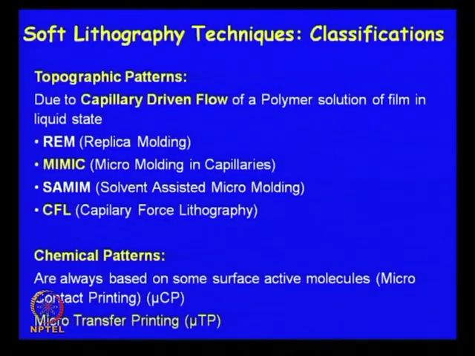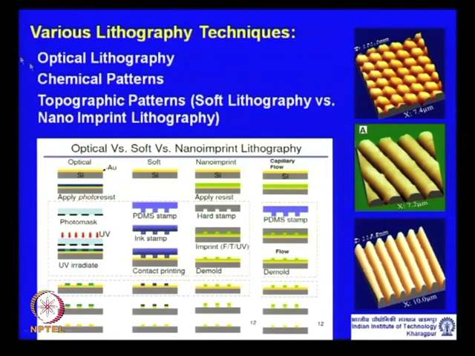Okay. So, here again is exactly what I just told, a glimpse of the various lithography techniques. Of course, you have good old optical lithography or photolithography, then chemical patterns or soft lithography in the printing mode, and then topographic patterns, where you have soft lithography in the molding mode and the nano imprint lithography group of techniques.